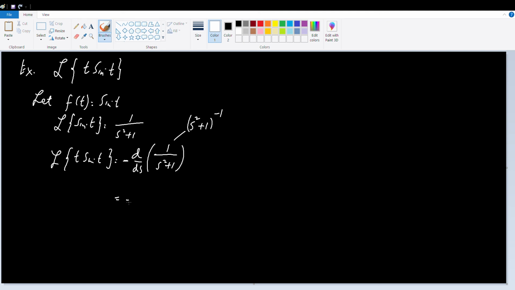So, using the negative power formula, negative s squared plus 1 raised to negative 2 times the derivative of s squared, which is 2s. So negative and negative will be positive: 2s over s squared plus 1 squared.